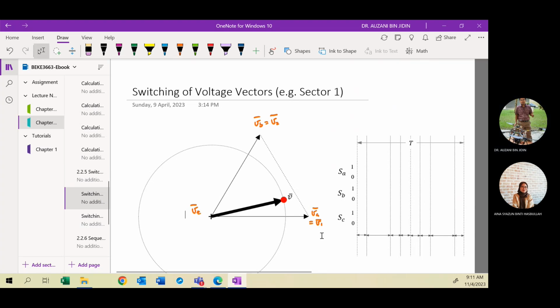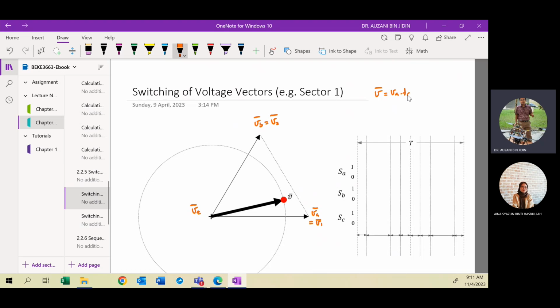Okay, so remember the definition of the space vector, V is VA multiplied by TA over T, plus VB multiplied by its ratio, and the zero vector multiplied by TZ divided by T. In order to plot the space vector V, you apply this equation, then you can sum the component vectors, or you can draw the component vectors like this.